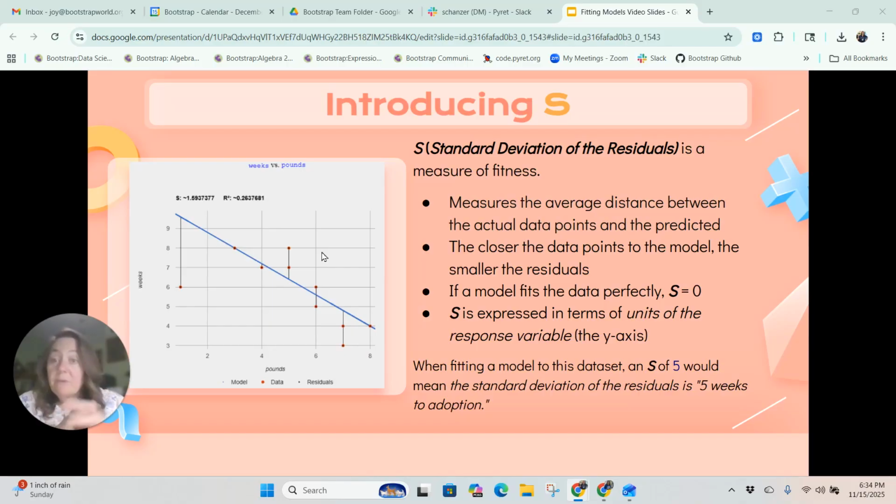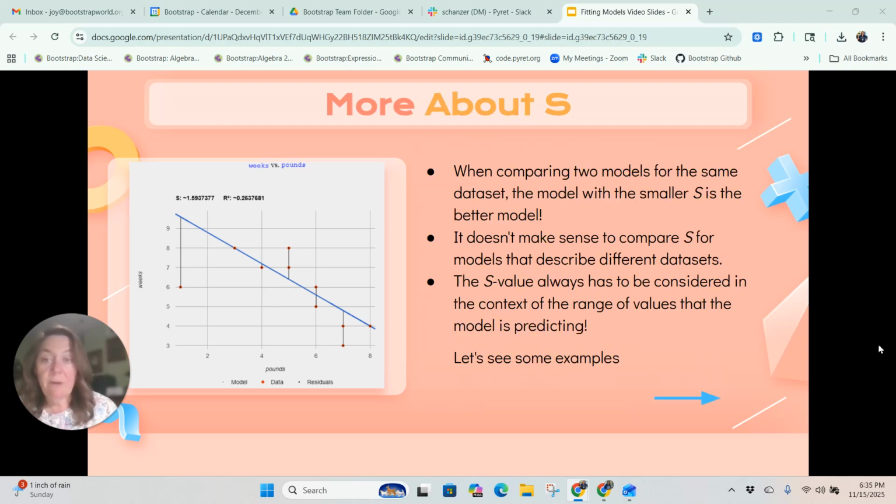S is expressed always in terms of the Y variable, our response variable. We always put it in units. So, for example, here in the one we've been using, if S was 5, then we'd say the standard deviation of the residuals is 5 weeks to adoption, always in terms of the Y response variable.